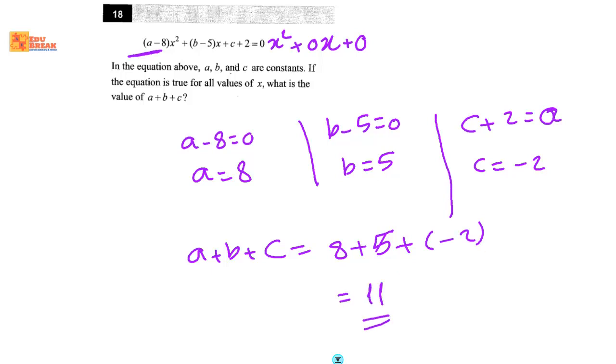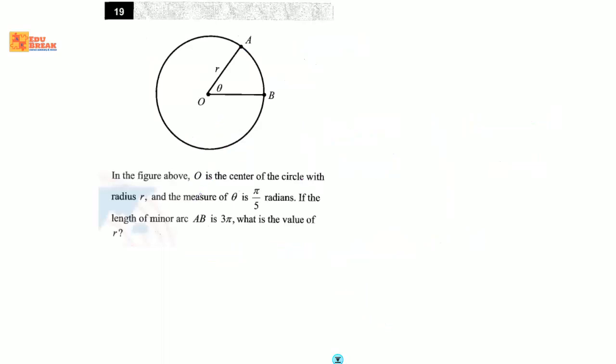Question 19. In the figure above, O is the center of the circle with radius r, and the measure of theta is pi over 5 radians. If the length of the minor arc AB is 3 pi, what is the value of r?